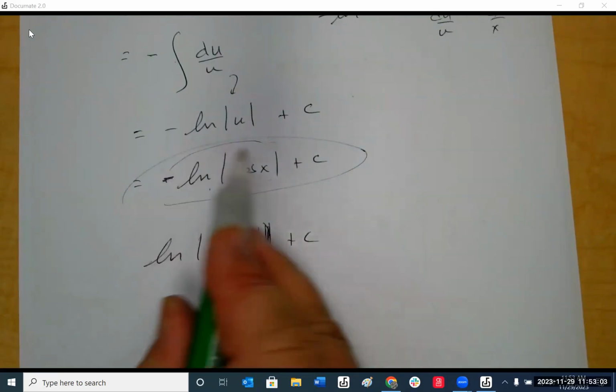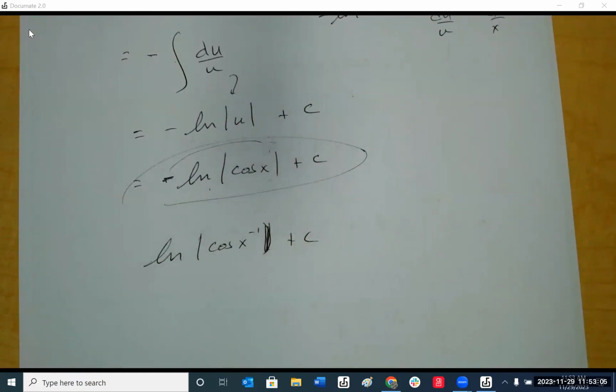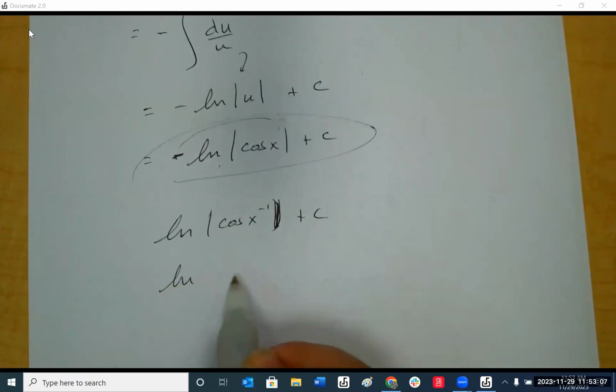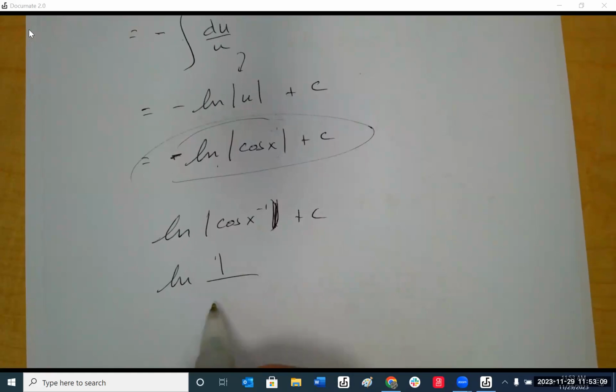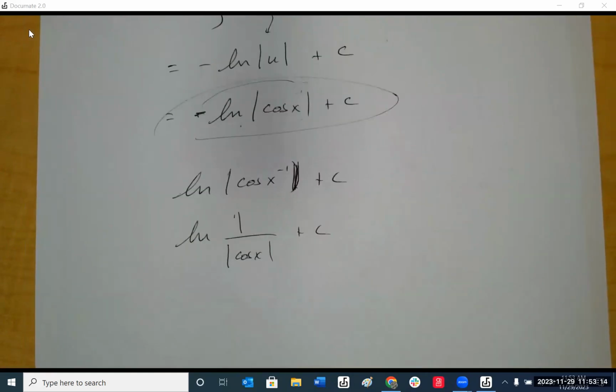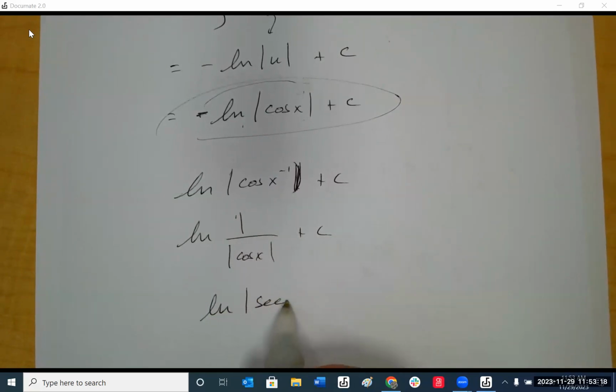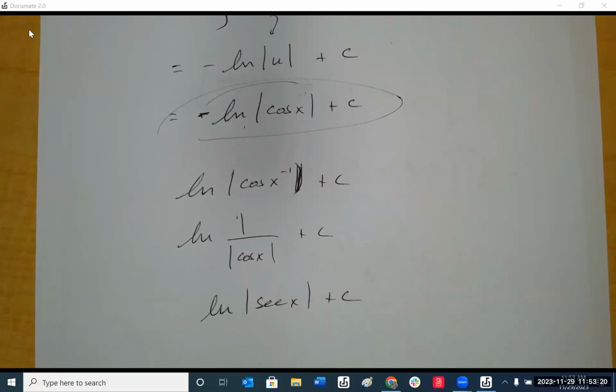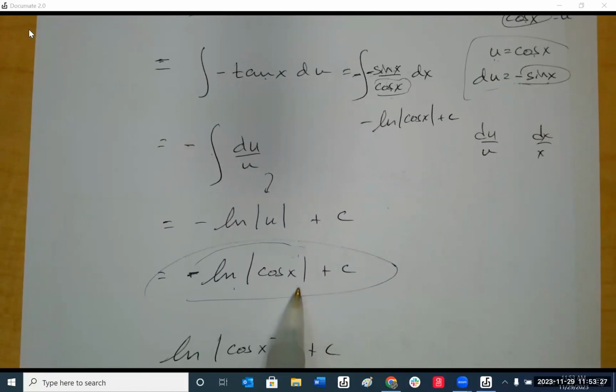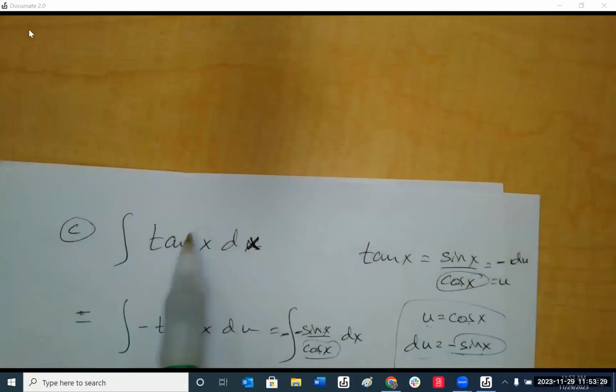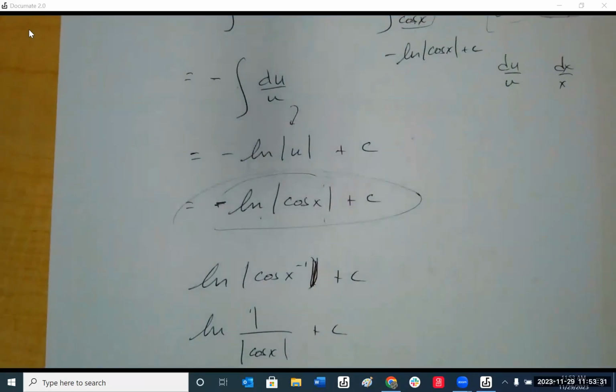So this negative is actually a -1 exponent, which means this is 1 over cosine, and 1 over cosine is secant. So you could have done any one of those. But I'd be fat, dumb, and happy if we left it there. It's just that whenever we left it in tangent, they went to secant, cosecant type thing.